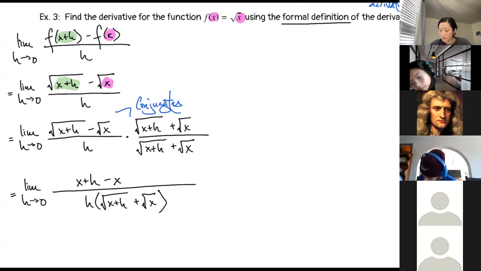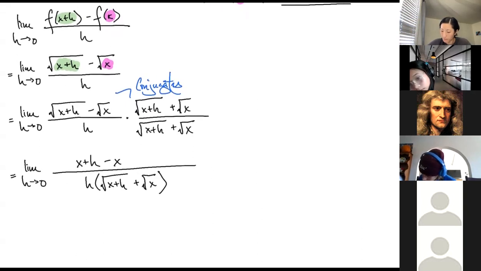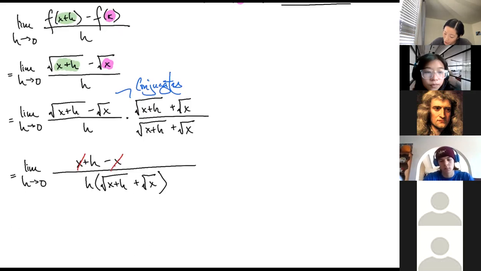So what can I do to clean up the numerator here? Combine the x's, okay? So x minus x, check that out. They're gonna disappear, which is incredibly helpful because now I have an h in the numerator.